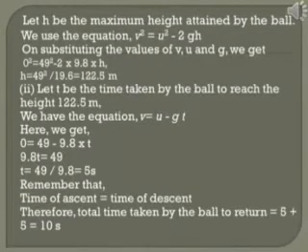Then 9.8 t is equal to 49. So t is equal to 49 divided by 9.8, which is equal to 5 seconds. Remember that time of ascent is equal to time of descent. Therefore, the total time taken by the ball to return is equal to 5 seconds plus 5 seconds, which is equal to 10 seconds.